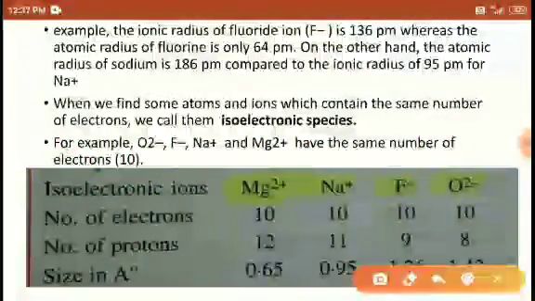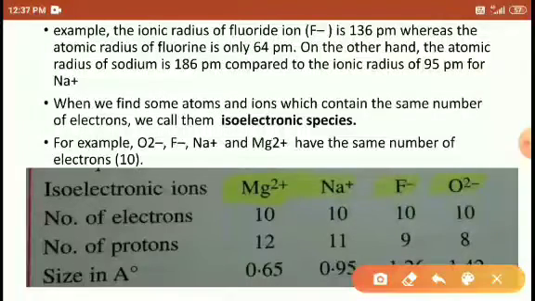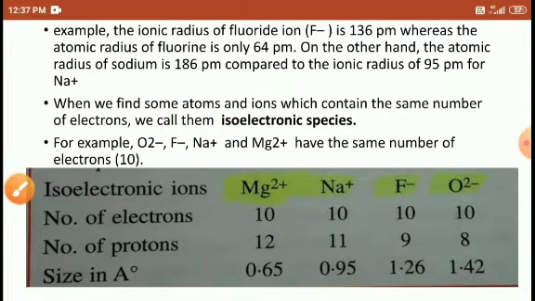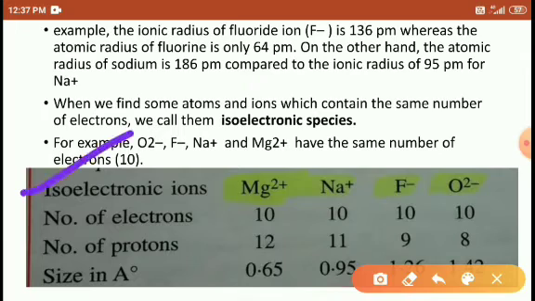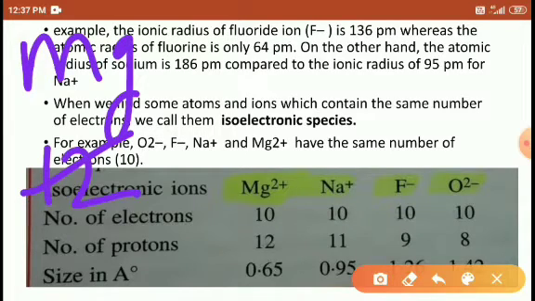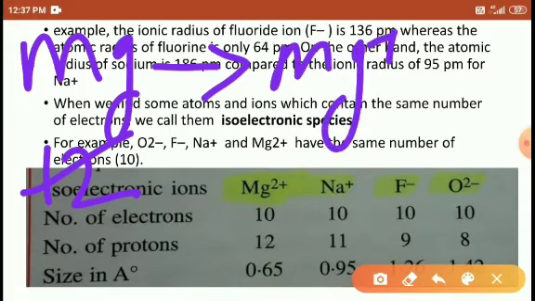Right, students? So look at the example: oxide ion, fluoride ion, sodium ion, and magnesium ion have the same number of electrons, which is 10. So these are isoelectronic species. Magnesium's atomic number is 12. Its valency is 2, so it loses 2 electrons.